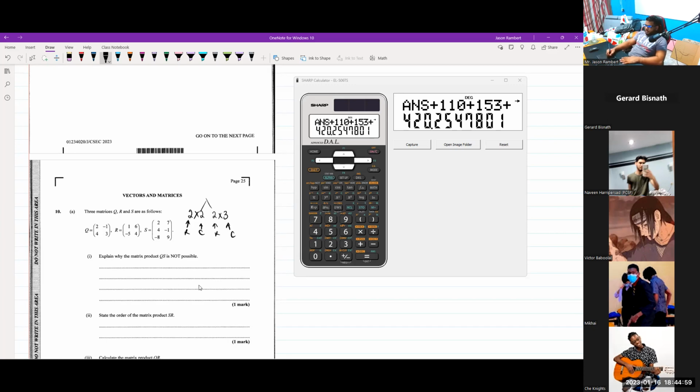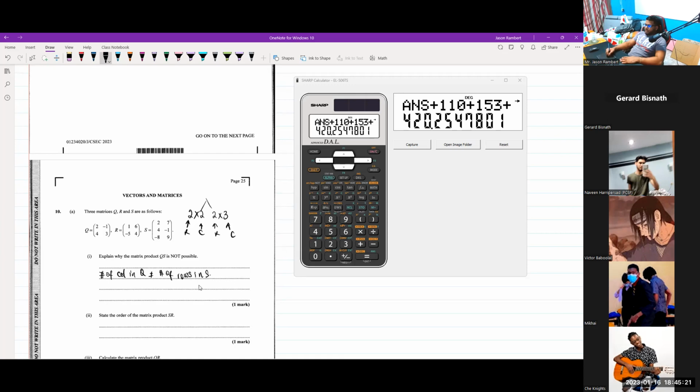So the reason this is not possible is the number of columns in Q is not equal to the number of rows in S.